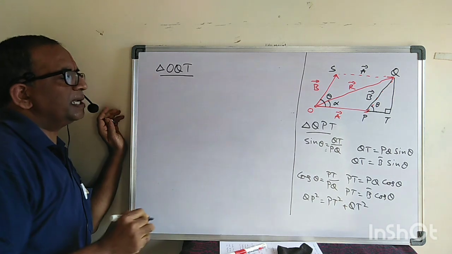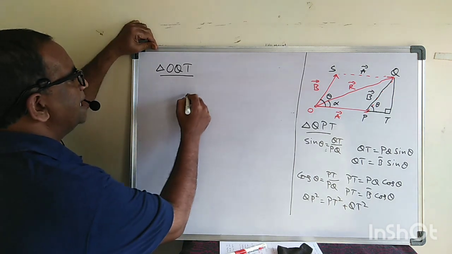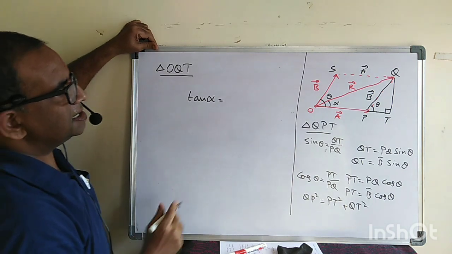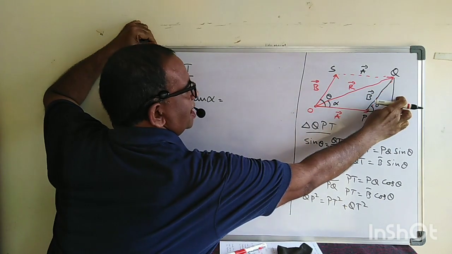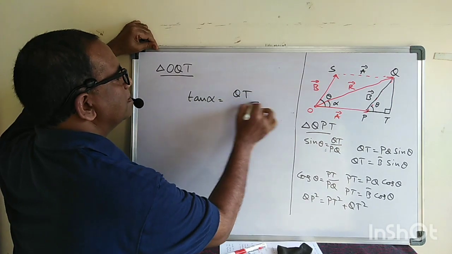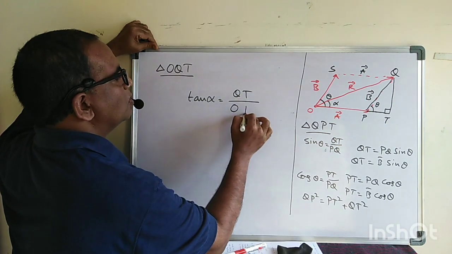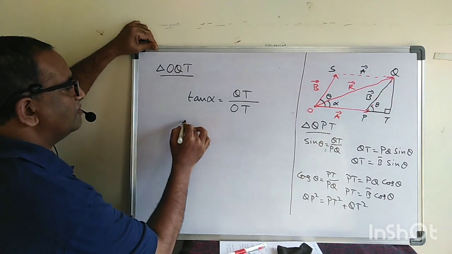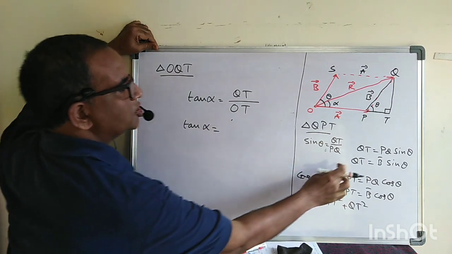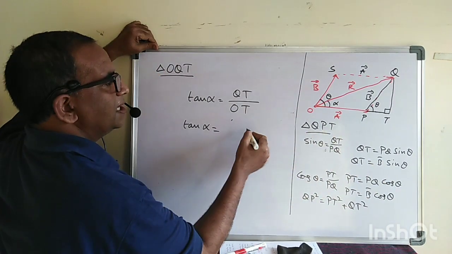In triangle OQT, you can write tan alpha. What is tan alpha? Tan alpha is equal to the opposite side by the base. What is the opposite side here? QT. And the base is OT. So tan alpha is equal to QT by OT.